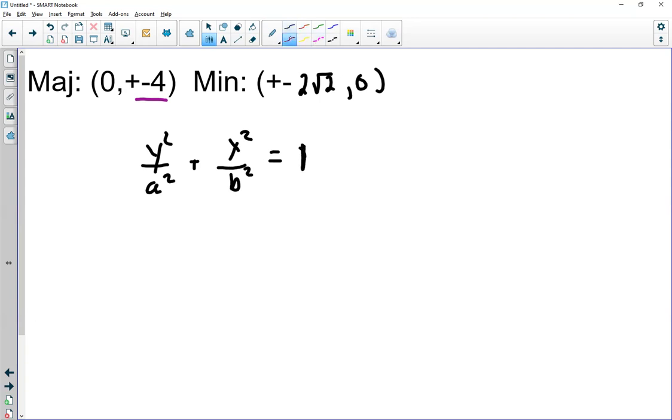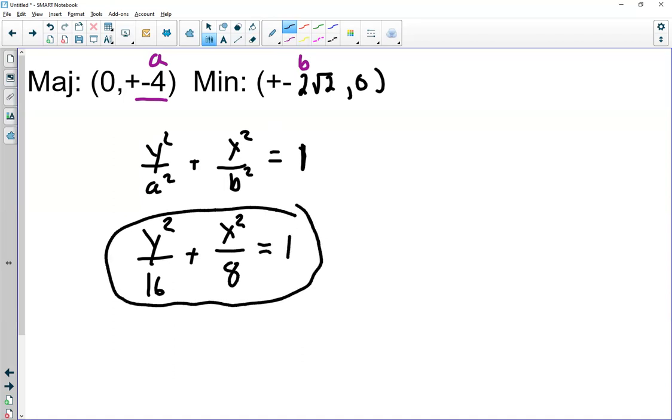Well, this is the A value. So what's the square of 4? 16. So y squared over 16 plus, which means this must be the B value, x squared over 8. Wait a second. We already have everything we need for our equation. We're good. We don't need the foci. Okay.